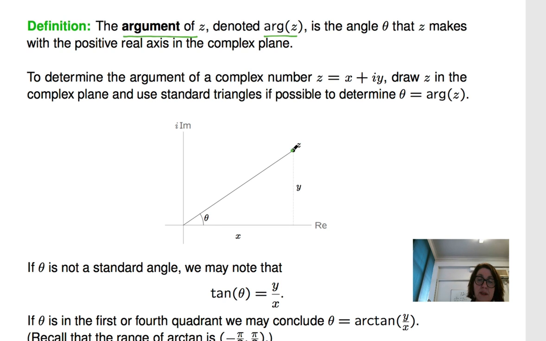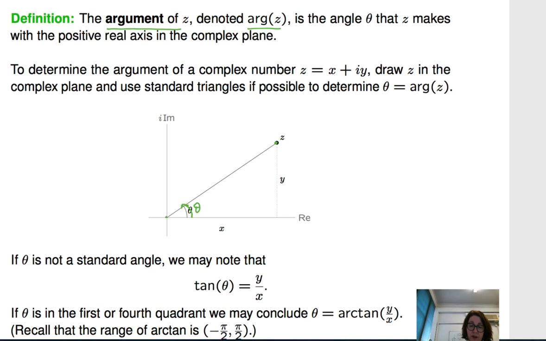We join z by a line segment to the origin, and we measure from the real axis around to that line segment, and the angle that we measure is theta, and that's what we mean by the argument of z.